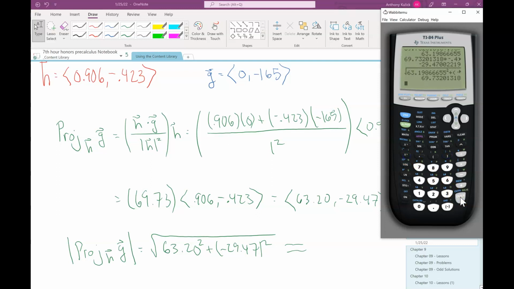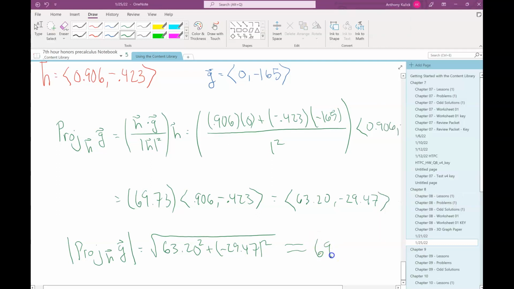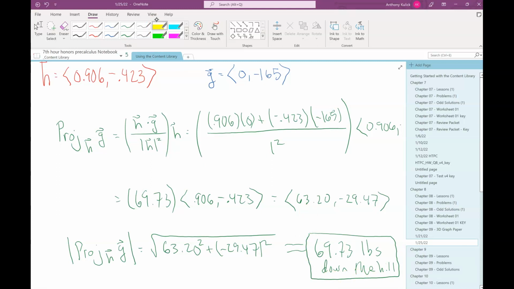So 6973 pounds down the hill. Wait a minute. 6973, that's come up here before, right?